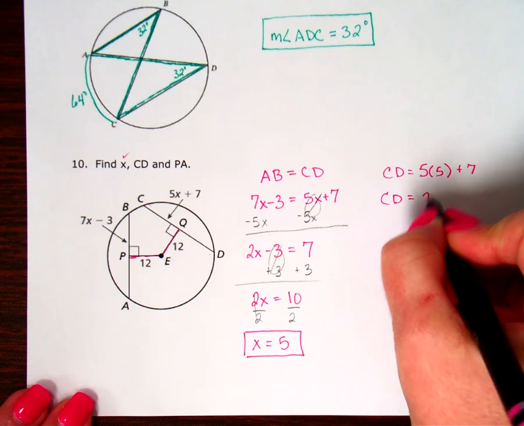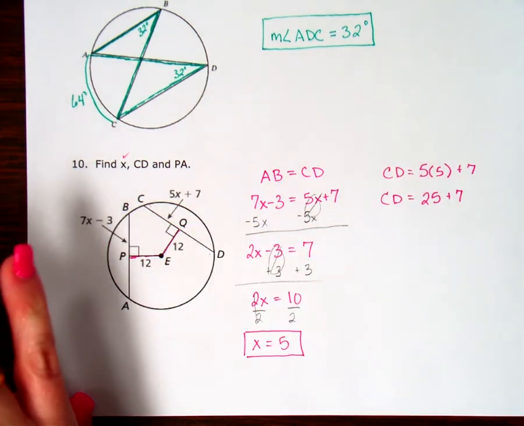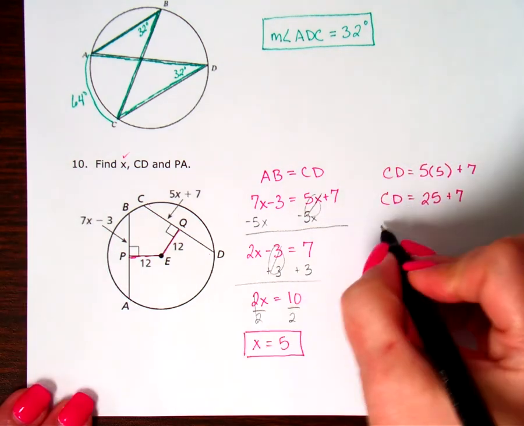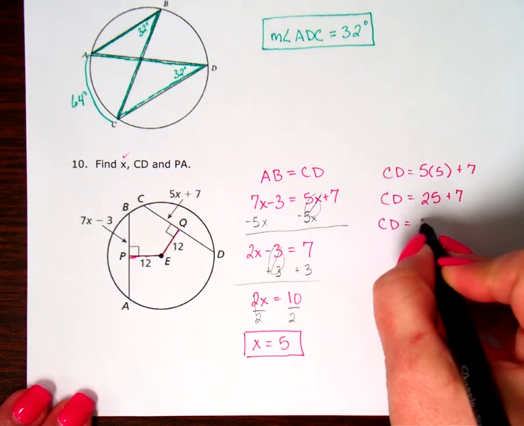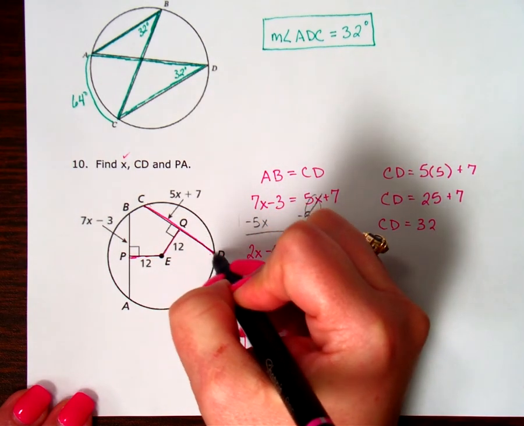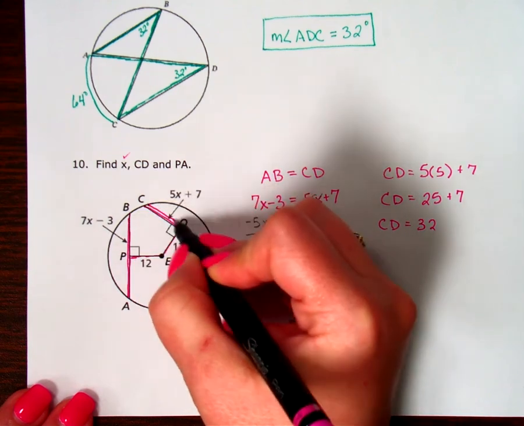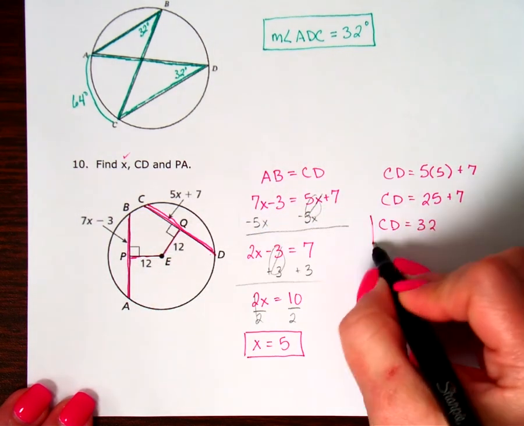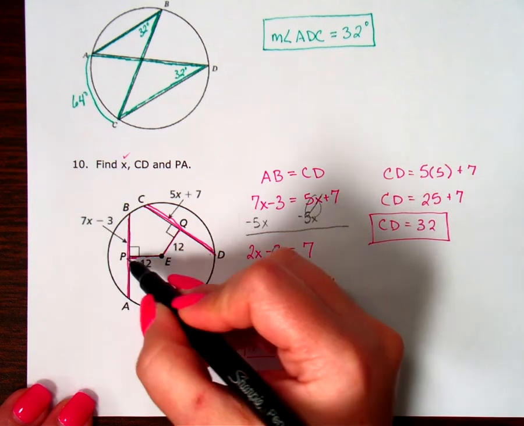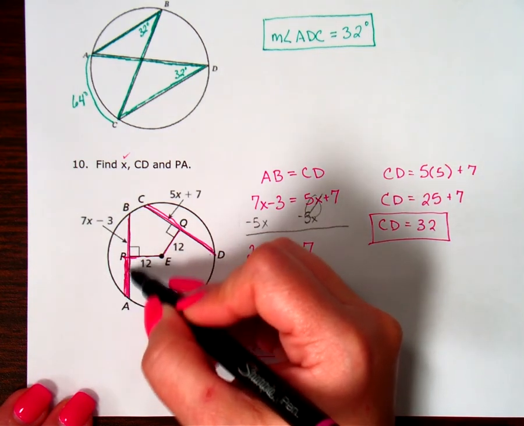So CD is 25 plus 7, which is 32. So that means this whole thing is 32, and because these are equal, this whole thing is 32. So both of those are 32. So then it wants me to find PA, and PA is just the bottom piece here.